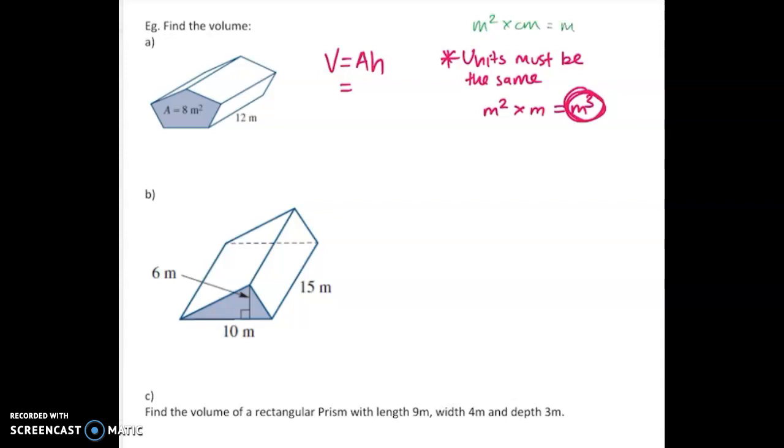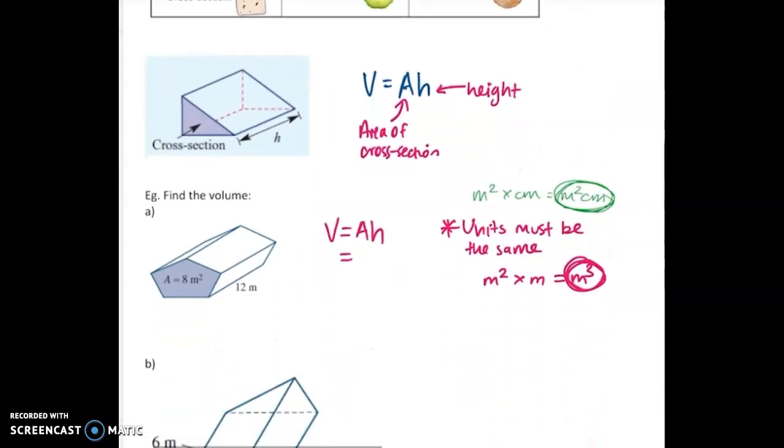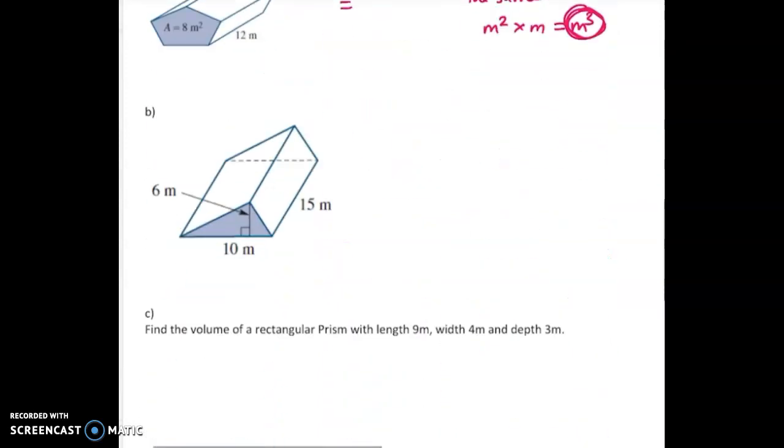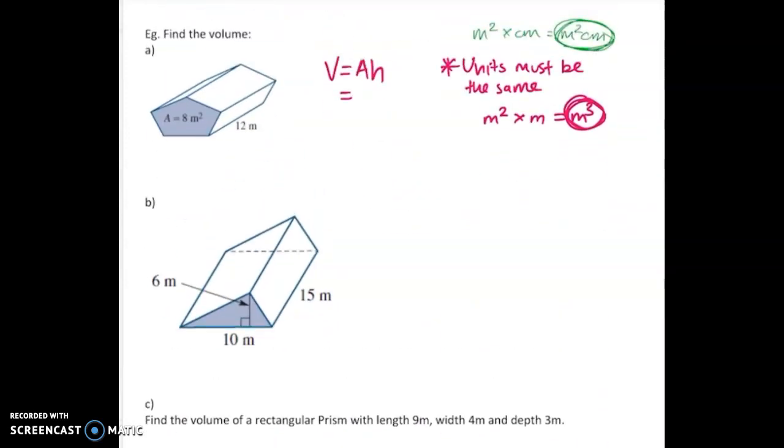I'll get square meters centimeters, which is not a unit for volume. So remember, the unit for volumes are cubic units, so cubic centimeters or cubic meters. So we need to make sure that the units are consistent before we substitute that into your formula. In this case, they're the same, and so we just substitute those in as it is.